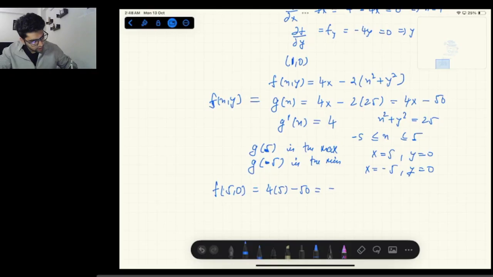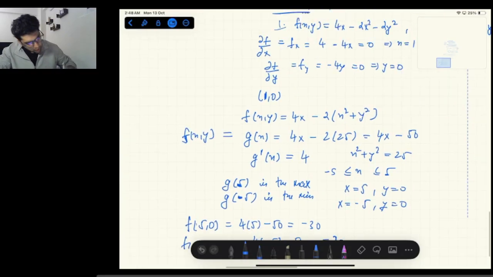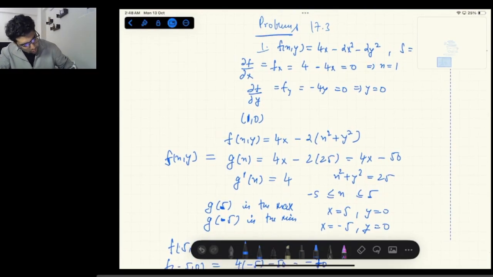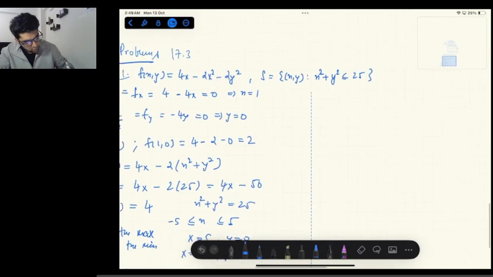So this is 20 - 50 = -30. And f(-5, 0) is 4 × -5 - 50, which is -20 - 50 = -70, right? And (1, 0) was the interior stationary point, so f(1, 0) comes out to be 4 - 2 - 0, so this becomes 2.